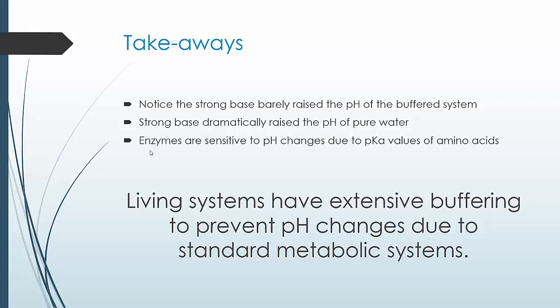But if the systems themselves weren't buffered and the pH changed dramatically, we could move beyond the pKas of those amino acid side chains and really change their character to either carrying a charge or not carrying a charge, which would have deleterious effects on the enzyme. And so our final concept in all of this is that living systems have extensive buffering to prevent pH changes due to standard metabolic systems and activities.